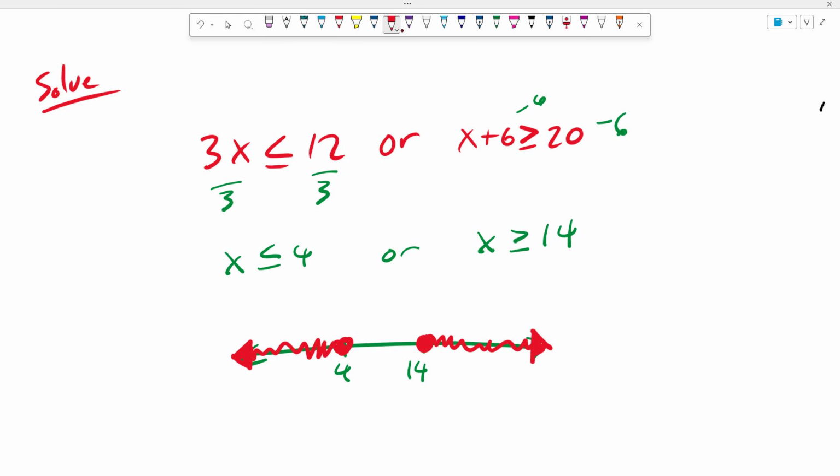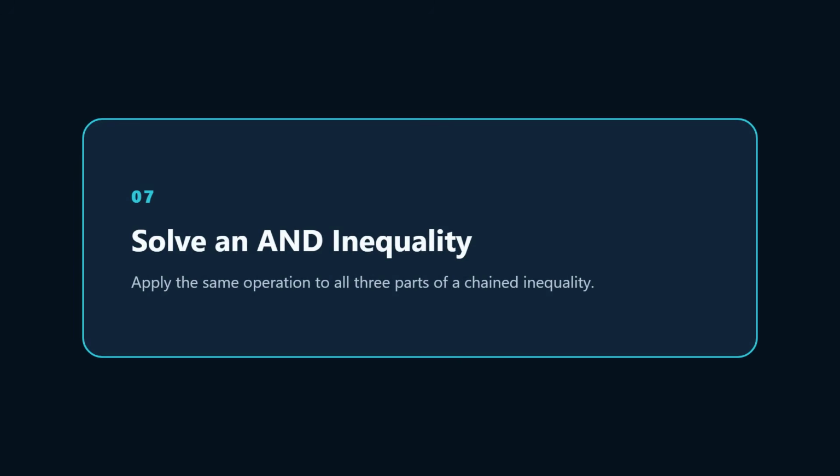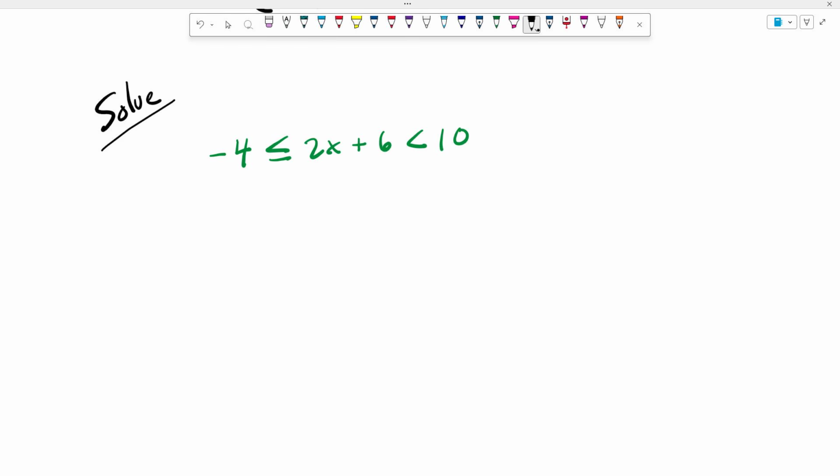So the solutions to the compound inequality is everything we see in red. So in interval notation, negative infinity to 4, union 14.